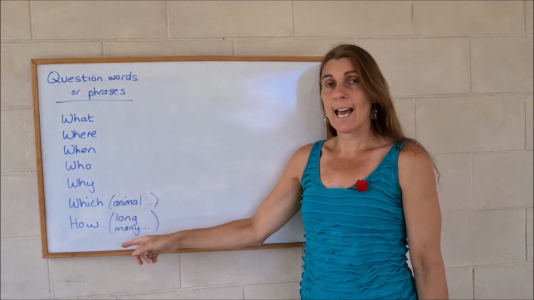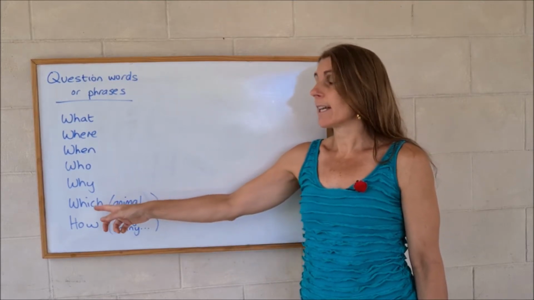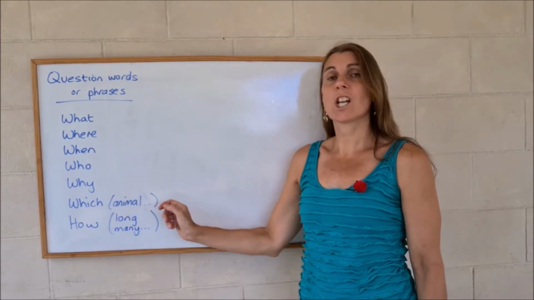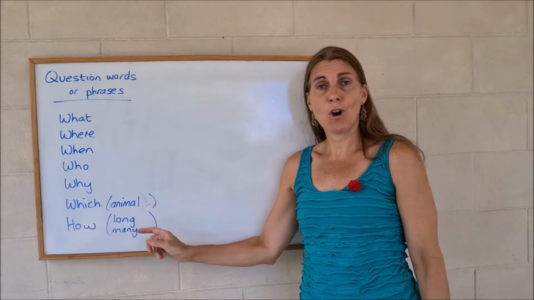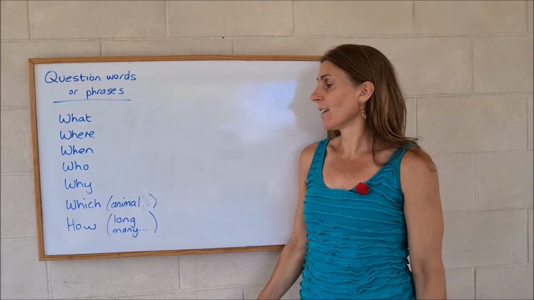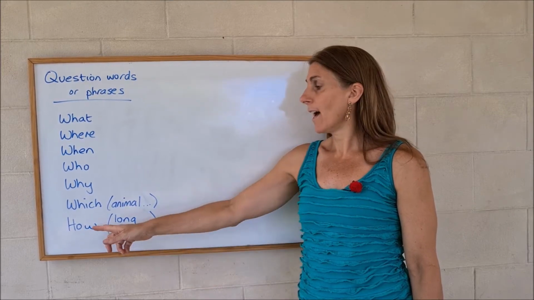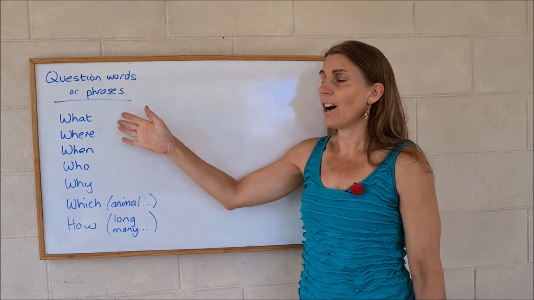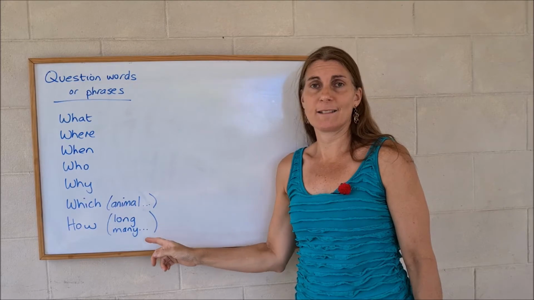Now, which and how are often put together with other words, like which animal, which countries have you visited, which colors do you like, and how. How long have you been studying English? How many brothers and sisters do you have? How often do you eat chocolate? So these are our question words and our question phrases.